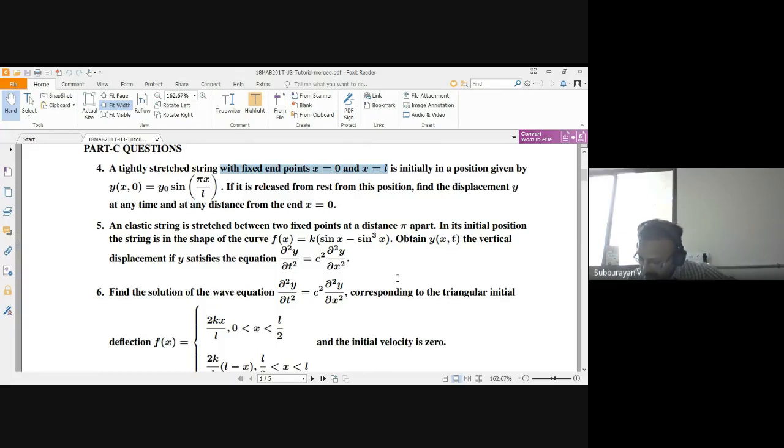Students, first we have to write down the equation, then the boundary conditions and the initial condition. And if the condition is given in terms of powers of sine, for example, here we have k sine x minus sine cube x.